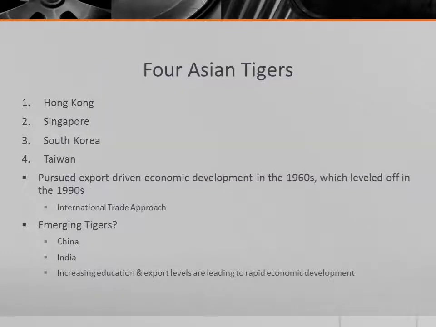Now, we mentioned the four Asian tigers as a group of states that have pursued the international trade approach. And so here are the four Asian tigers: Hong Kong, Singapore, South Korea, and Taiwan. Now, the definition of statehood could be debated here a little bit. But these countries pursued an export-driven economy, meaning that they were shipping out. And a lot of it was electronics.